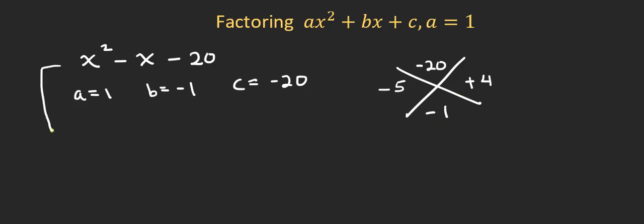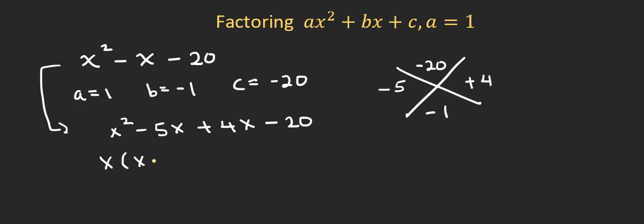So let's rewrite this: x squared minus 5x plus 4x minus 20. Again, notice that these two are the same. So let's do factoring by grouping. We get x times the quantity x minus 5.